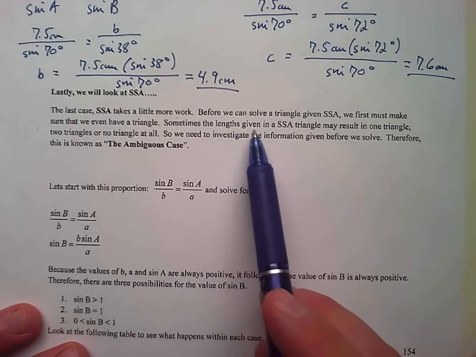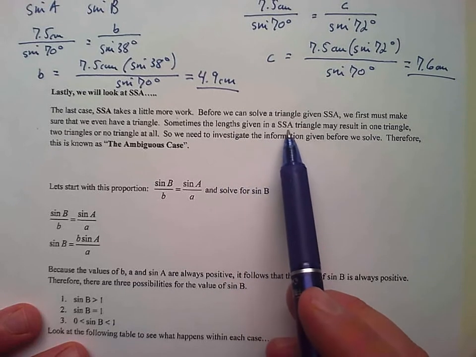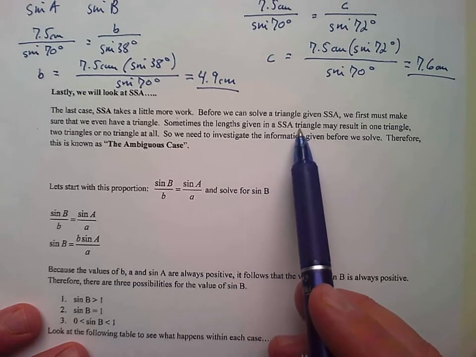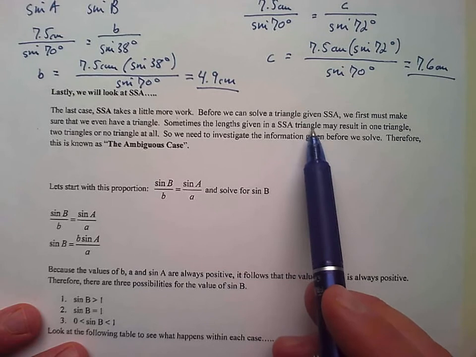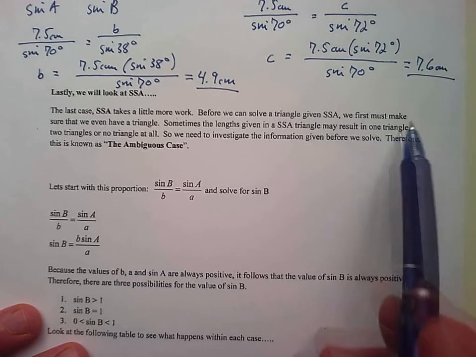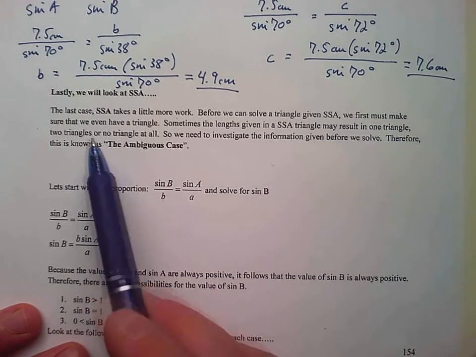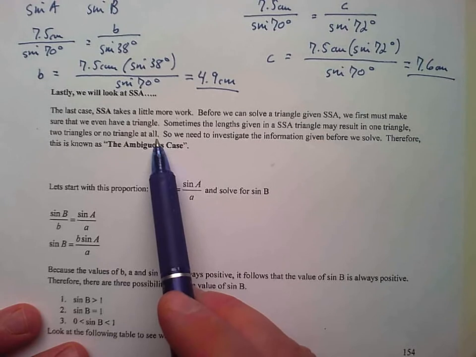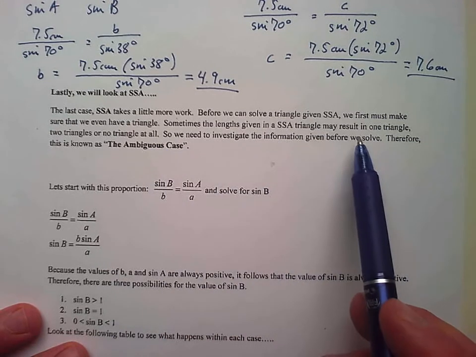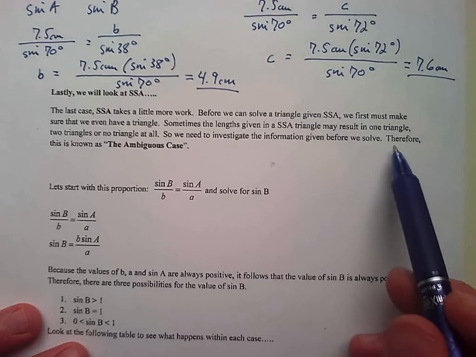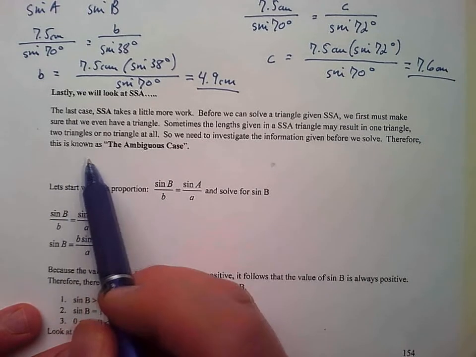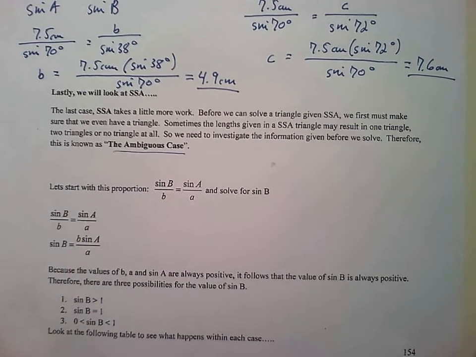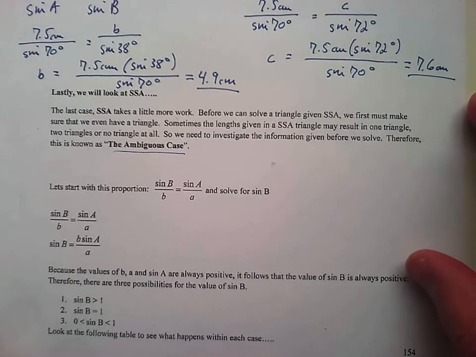Sometimes the lengths given in a side-side angle triangle may result in one triangle, two triangles, or no triangle at all. So we need to investigate the information given before we solve, and because we need to do that, this is known as the ambiguous case. Side-side angle is known as the ambiguous case.